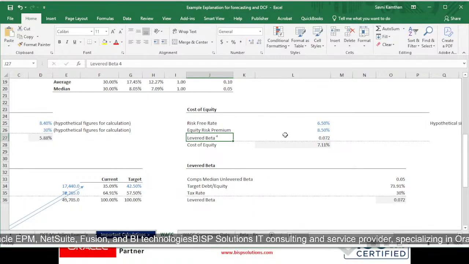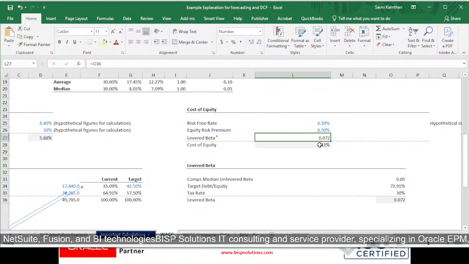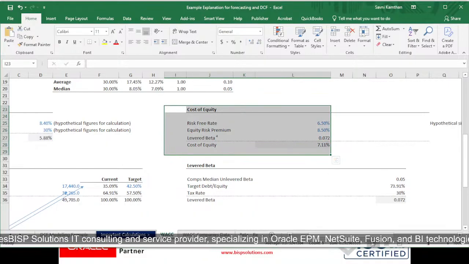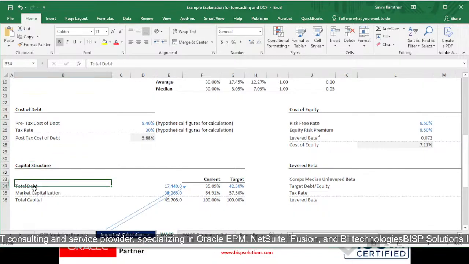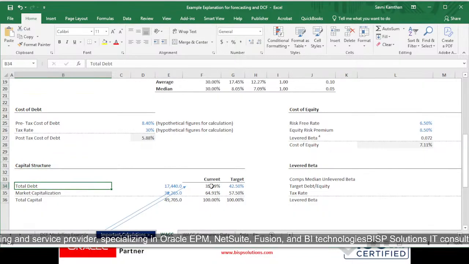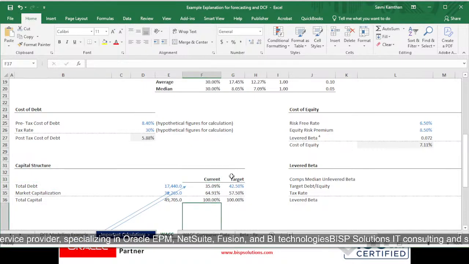Now if I want to calculate my levered beta, I have to link it with the levered beta which I have calculated separately. But before coming to my cost of equity, I will calculate the capital structure, where I am taking total debt, with current total debt and target total debt.